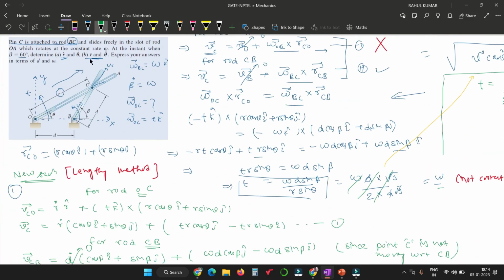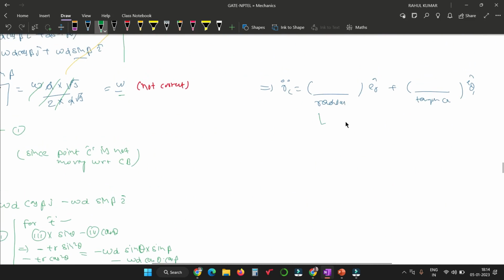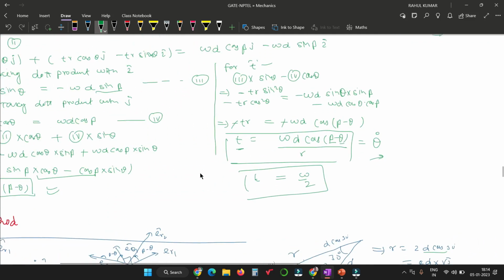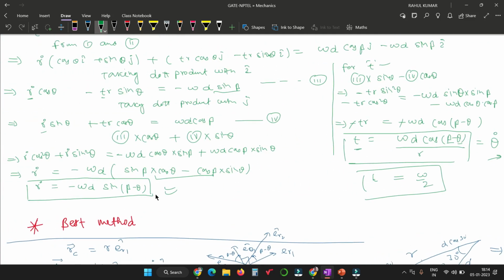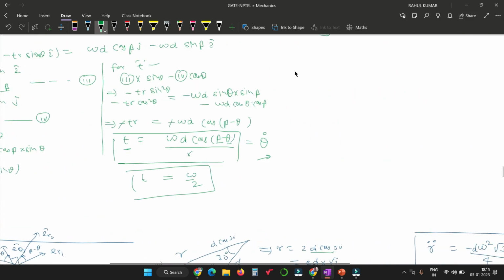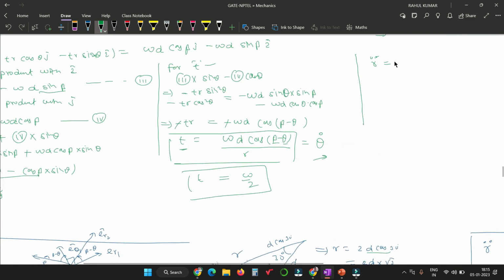Now I also want to find r double dot and theta double dot. If I want to find it from this expression, that process will be very lengthy. But if I want to determine r double dot, you can do one more derivative. If you differentiate this equation one more time, you will get r double dot equal to minus omega dot d, minus omega d.